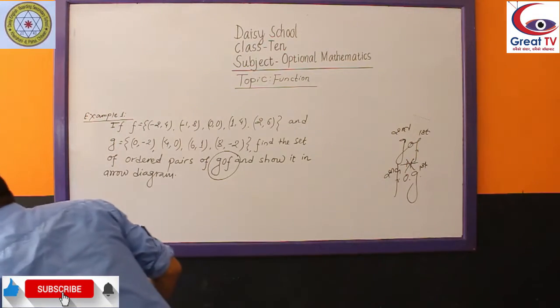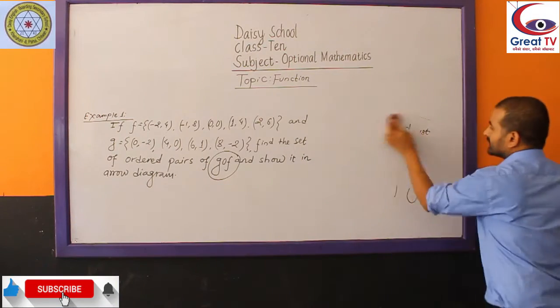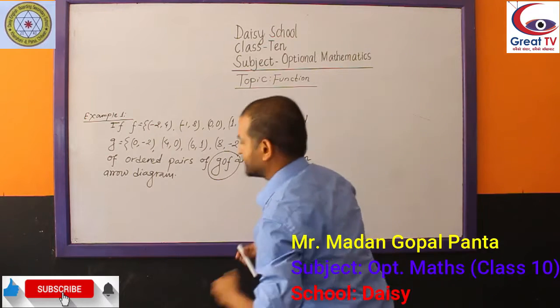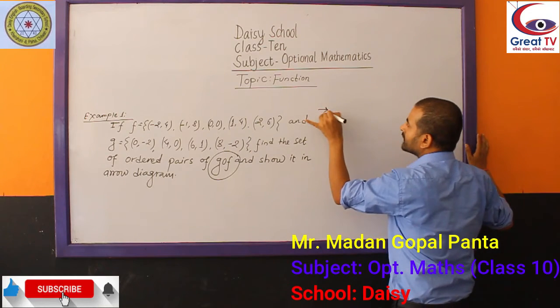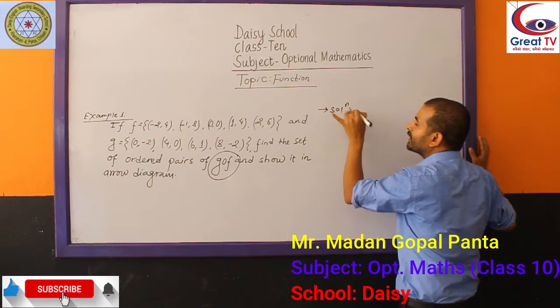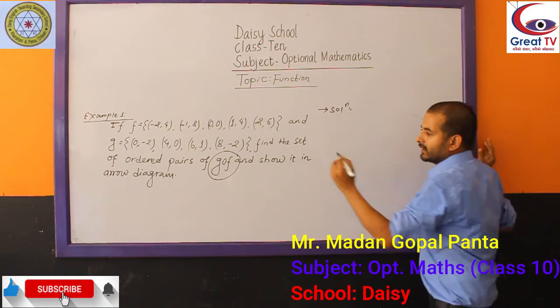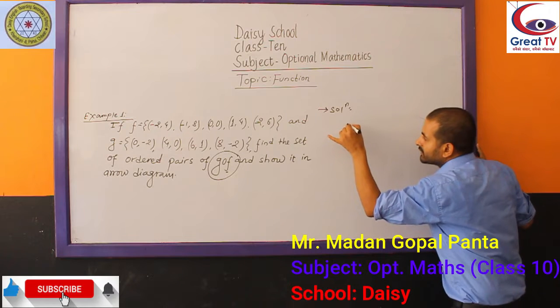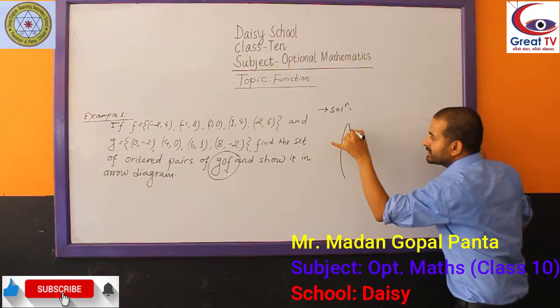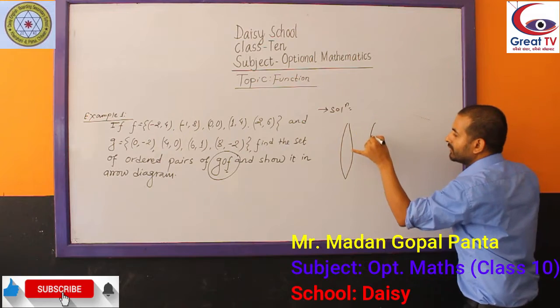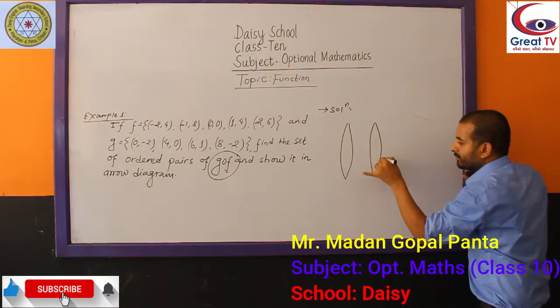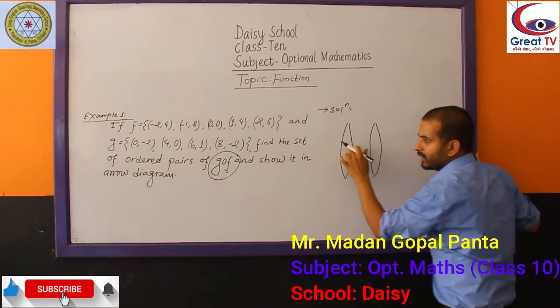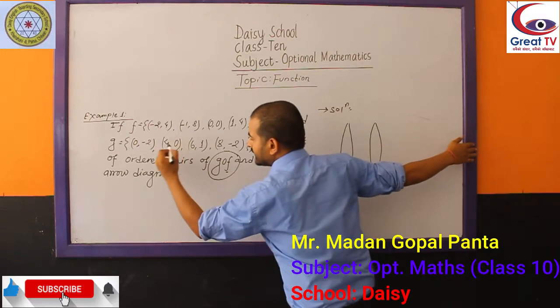The solution goes like this. Now I am representing it first in an arrow diagram, a mapping diagram. The first function is here, so let's work on it. Here are the pre-image and image.